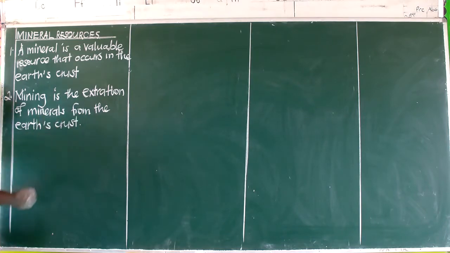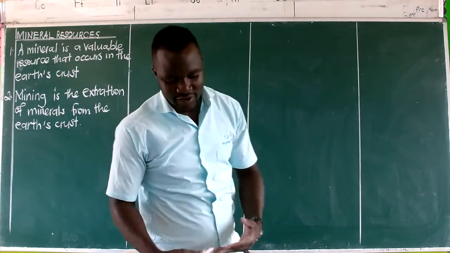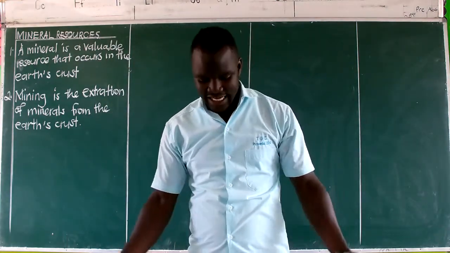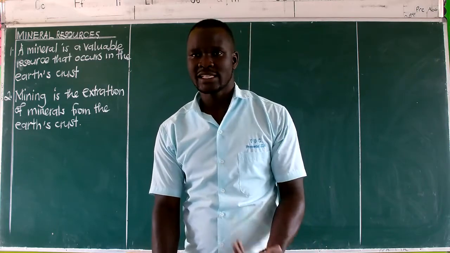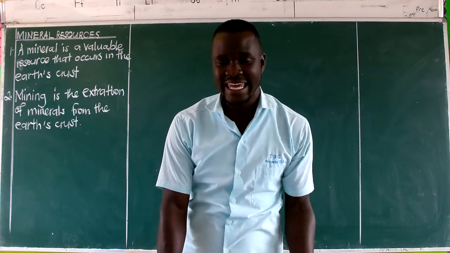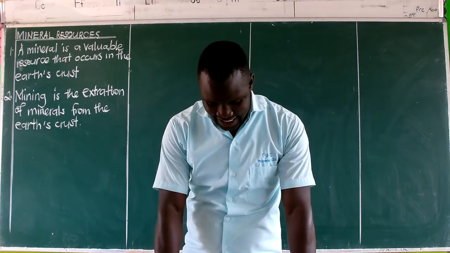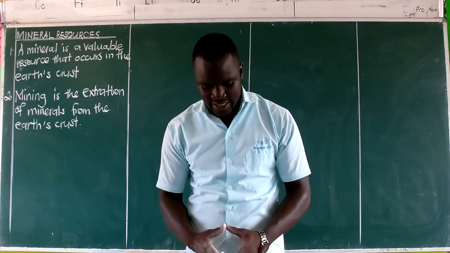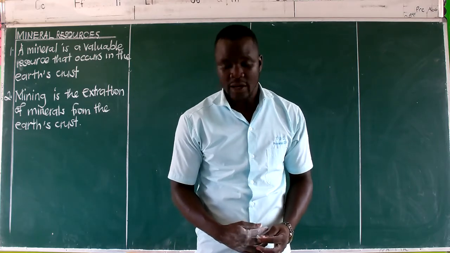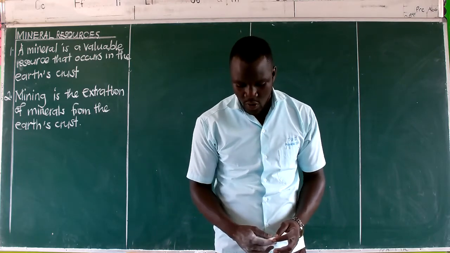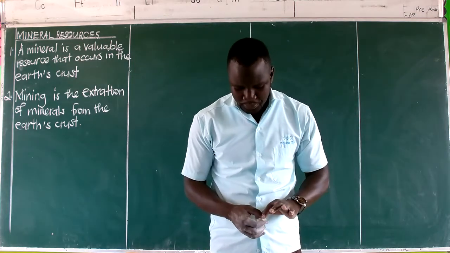Or we can simply say mining is the extraction of minerals from underground. That is another simple way. Or we can simply say mining is the extraction of minerals from where they exist. That can also be correct. So that is another term that we needed to understand as we go with our discussion.